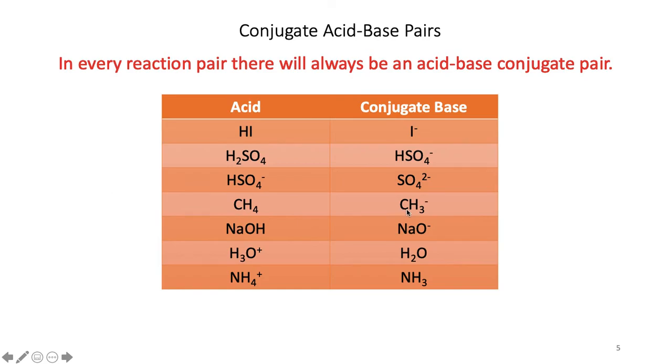So it will make it CH3, one hydrogen less, and the charge will decrease from 0 to -1. Let's look at NaOH. If I get rid of just that hydrogen, H plus, I am left with NaO, but it will also decrease the charge from 0 to -1, giving NaO minus.